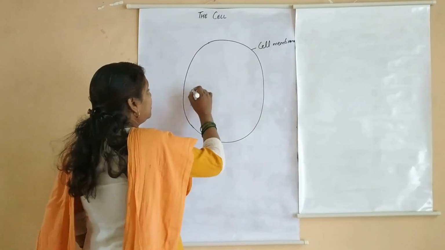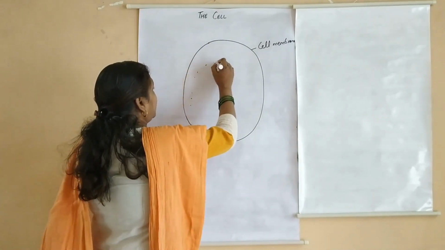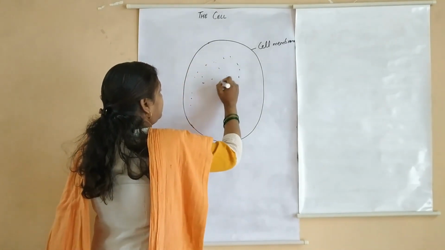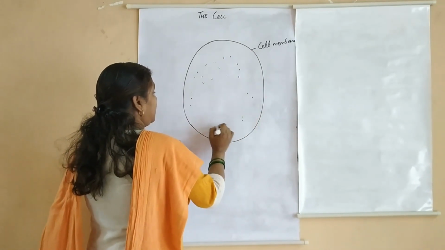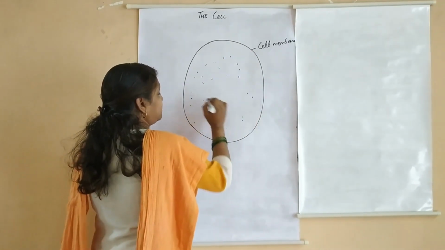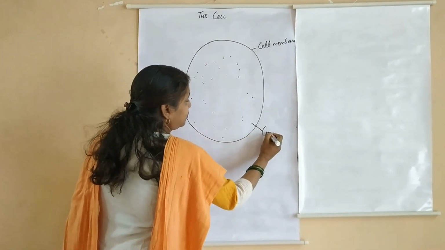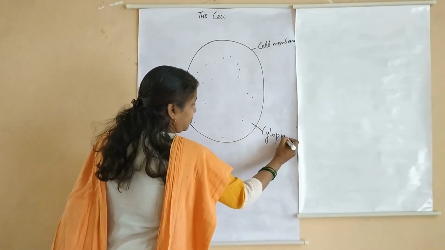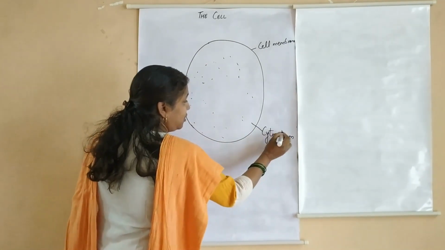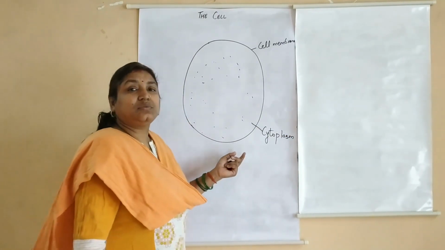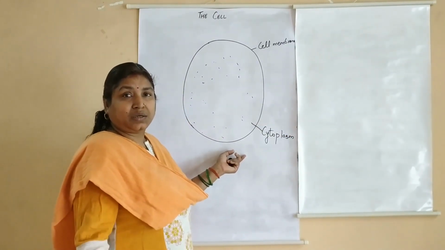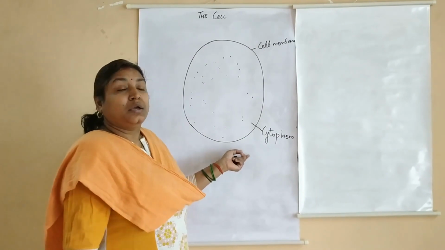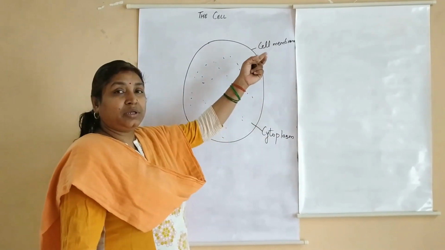Inside the cell you have the fluid present called cytoplasm. Cytoplasm is semi-fluid. It is a little bit fluid in nature. It is a living structure. Even the cell membrane is a living structure.